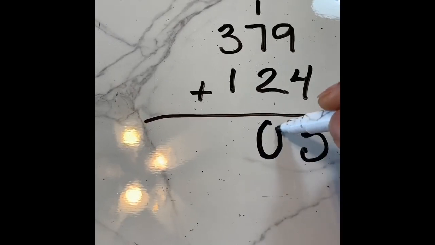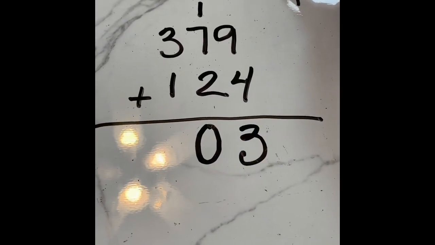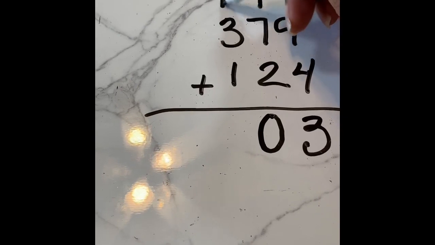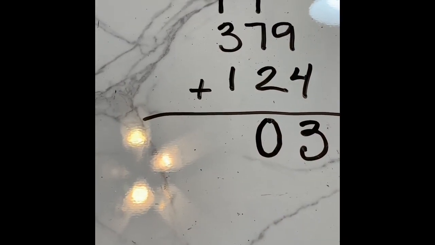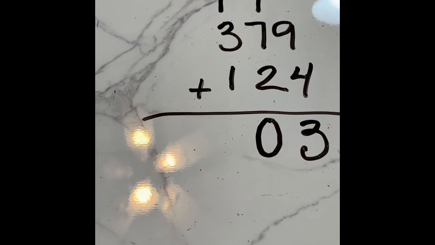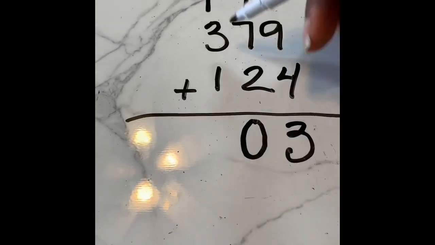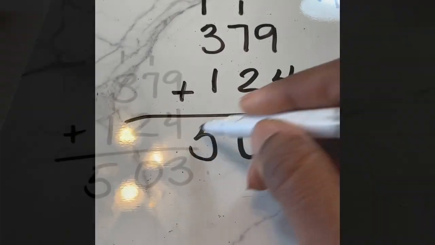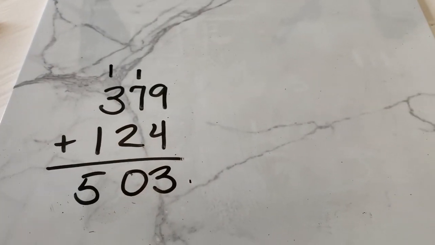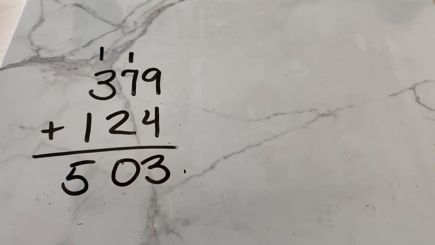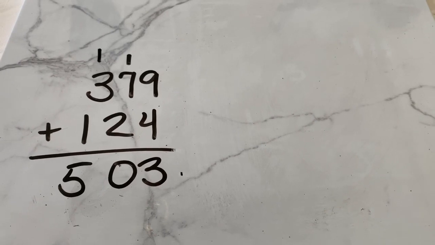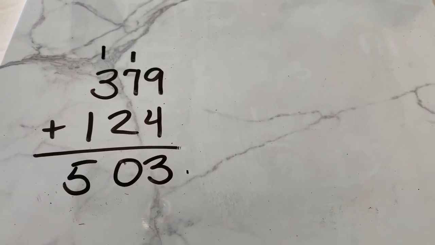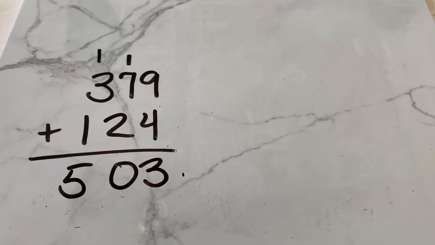You put down your 0 and your tens place number regroups to the hundreds place. 3 plus 1 is 4, plus 1 more is 5. So this problem is 379 plus 124 equals 503.